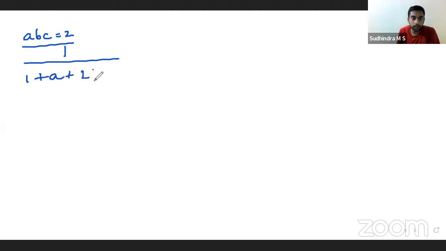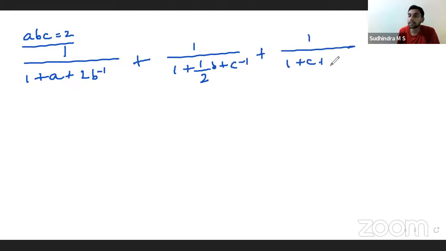If abc is equal to 2, what is the required value of 1 divided by 1 plus a plus 2b to the power of minus 1, plus 1 divided by 1 plus 1 by 2b plus c to the power of minus 1, plus 1 divided by 1 plus c plus a to the power of minus 1? Now, this 2b to the power of minus 1 is nothing but 2 by b.